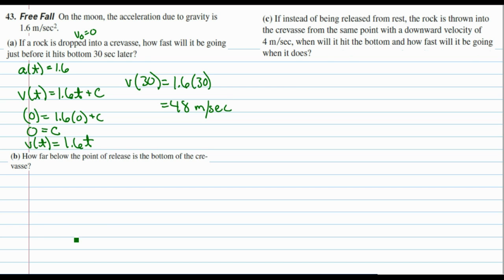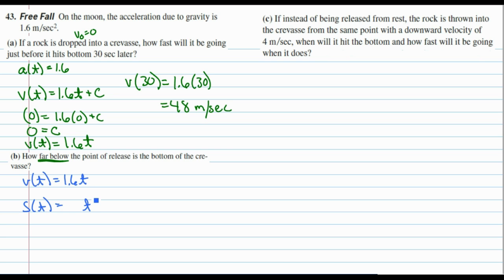B, how far below the point of release is the bottom of the crevice? Well, how far below sounds like position to me. So I need to use the velocity equation and find position.